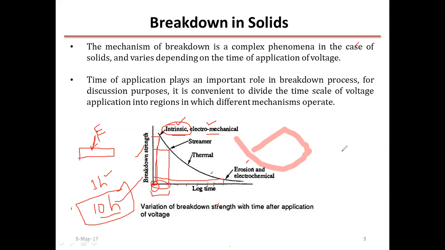So as soon as the time duration of the voltage application increases, the breakdown strength decreases, and we can say that thermal breakdown can occur at this stage, or erosion and electrochemical breakdown can occur at this stage. Streamer can occur at this stage.